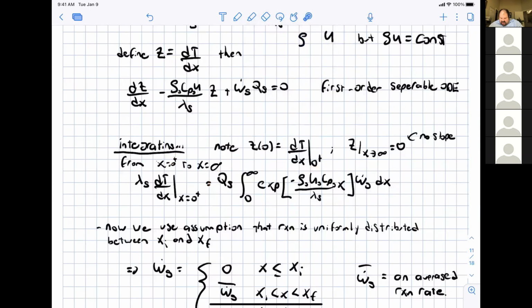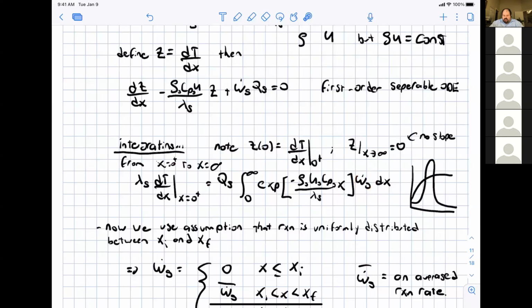Okay, so far we can't do a whole lot with this, because in general omega dot g, the gas phase reaction rate, is a very complex function. In reality, it would probably look something like this. So here's the flame structure right here, and the reaction rate would probably look something like that. And so this is in general a horrible, nasty equation to integrate.